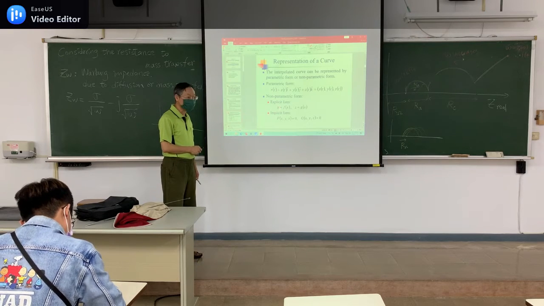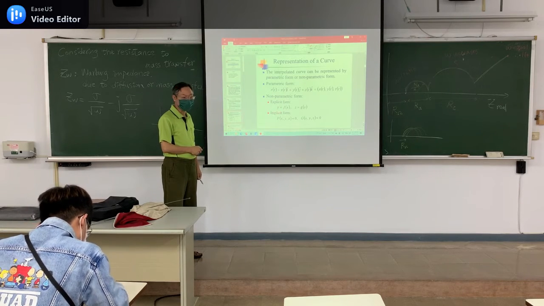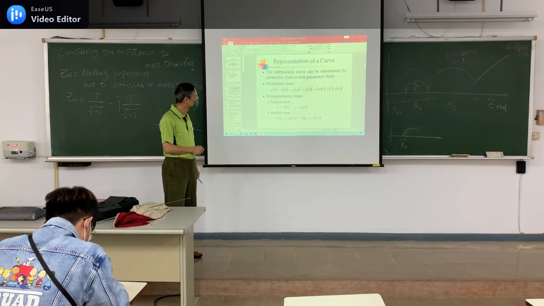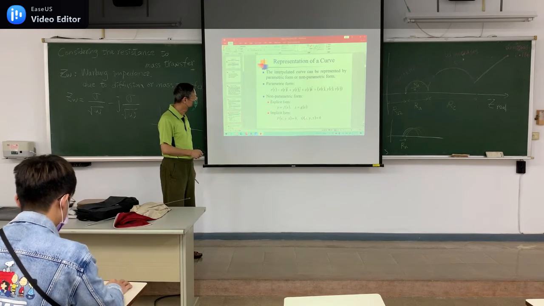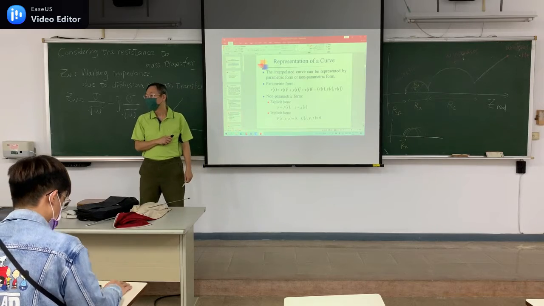One coordinate can be represented as a function of another coordinate. And implicit form is that you can have two different algebra equations relating x, y and z.